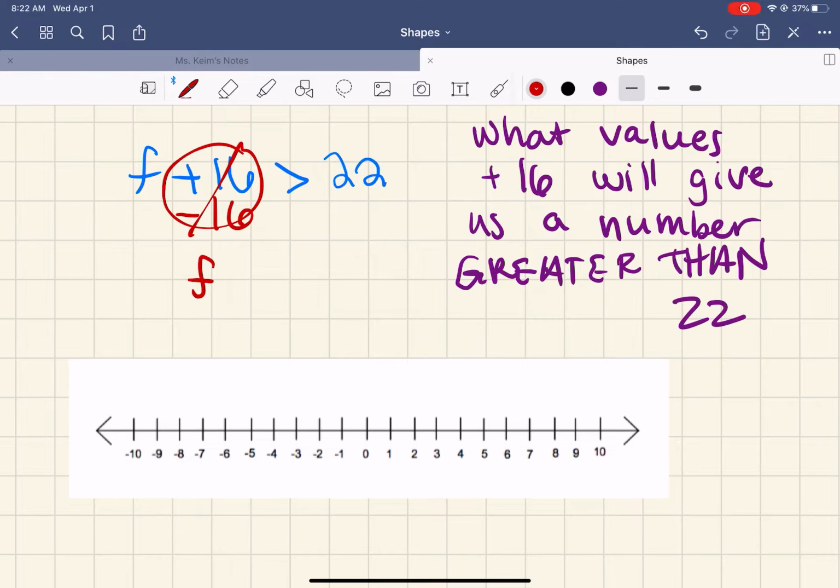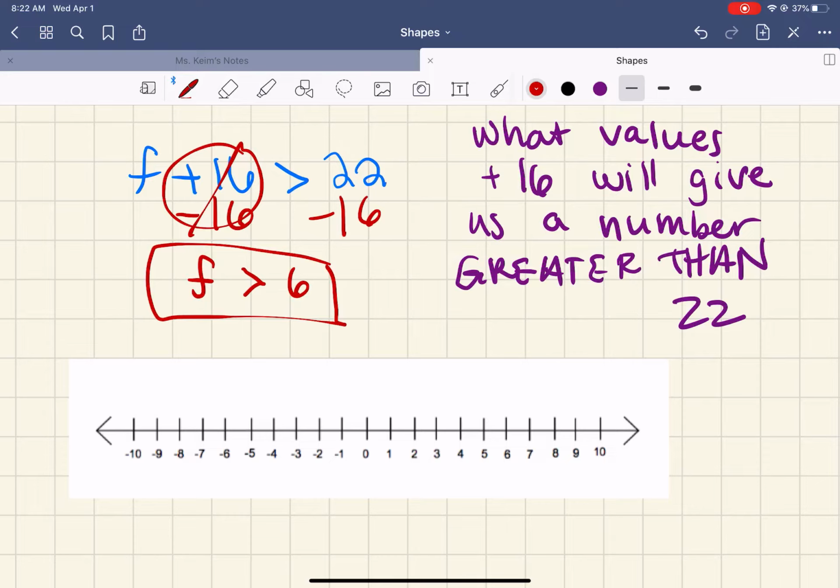Okay? We have to keep it balanced though, so we need to do the same thing on the other side. 22 minus 16 is 6. Our inequality symbol in this case is not going to change. So this is our solved inequality. f is greater than 6.